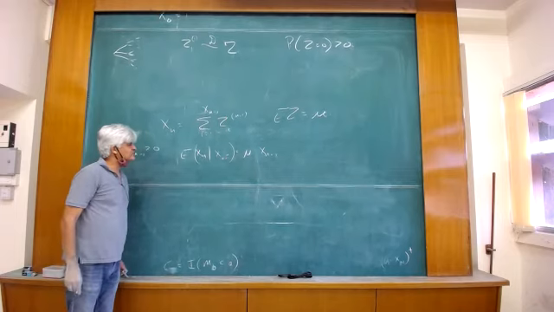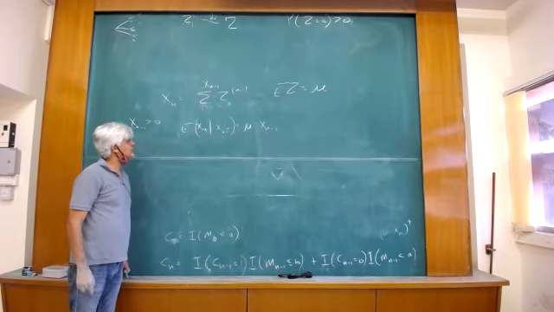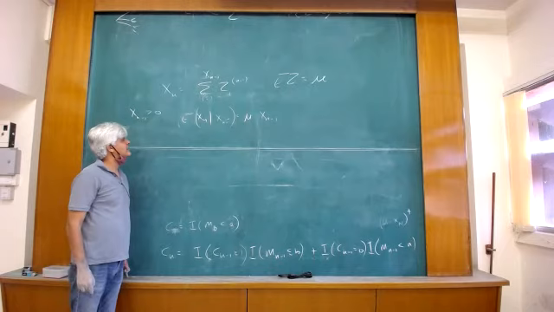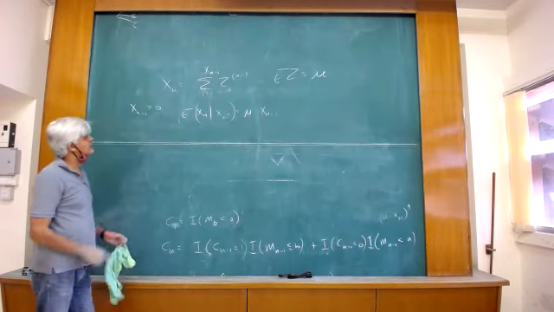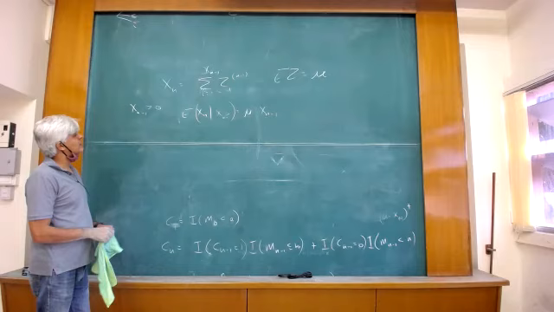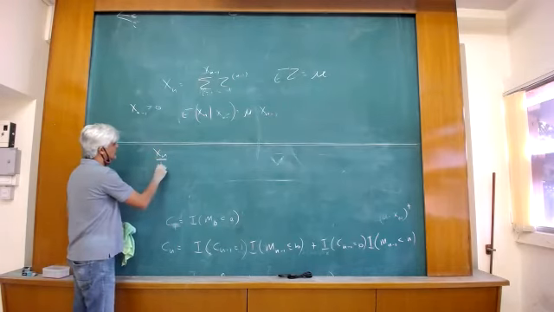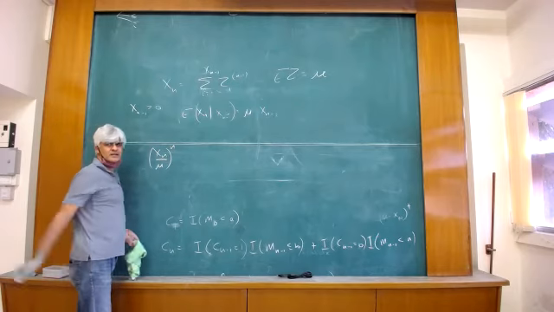So in particular, I wanted to say that Xn by mu to the power n, and I won't use that fact right now, is a martingale.